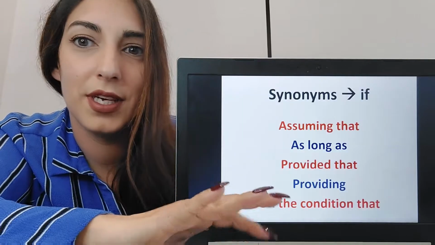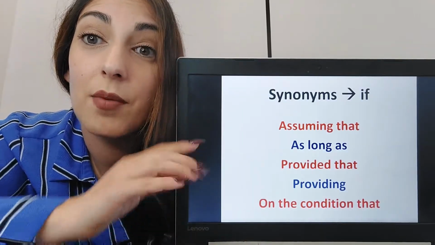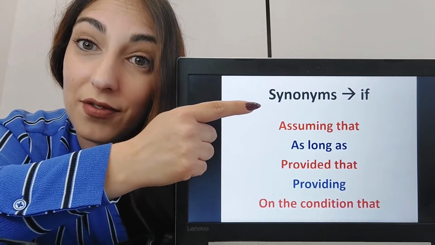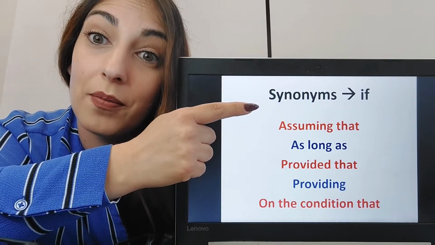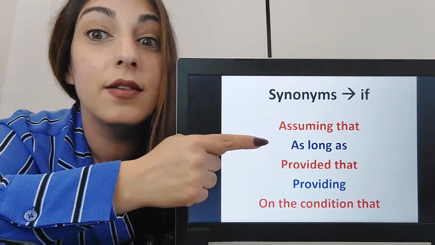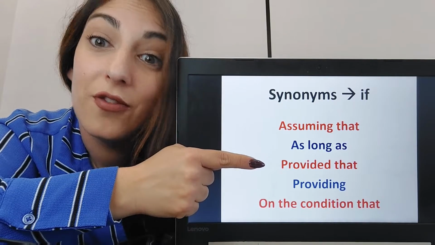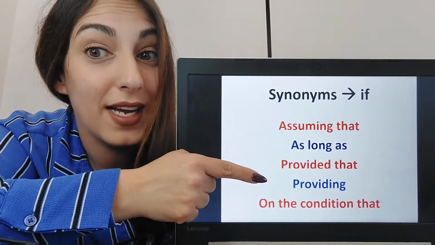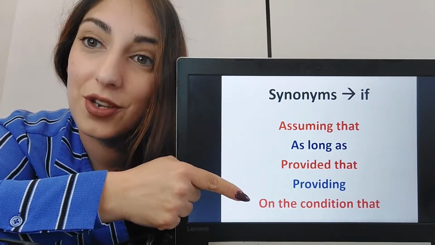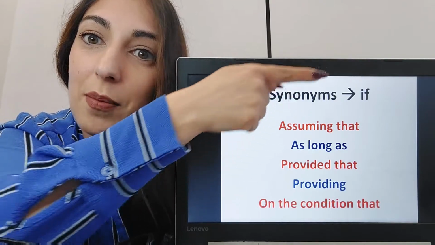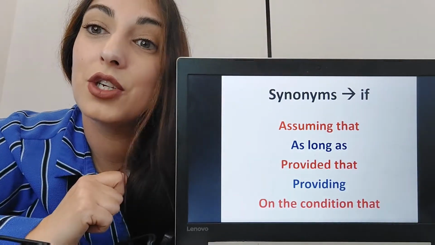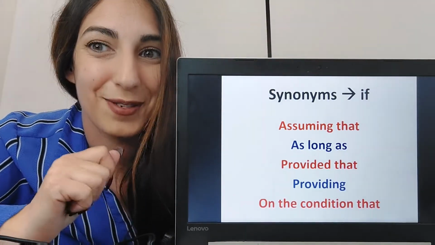Let's have a look at some more details. Now there are some words that are synonyms for if, for conditional 1: assuming that, as long as, provided that, providing, and on the condition that. So these words can replace the word if for conditional 1 sentences.